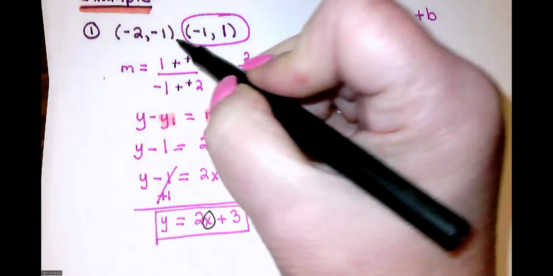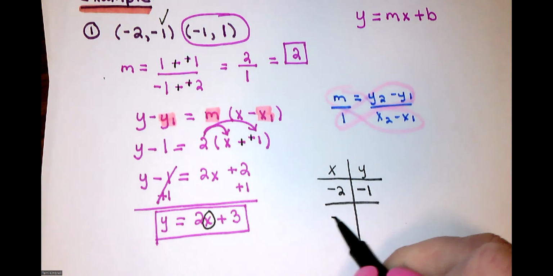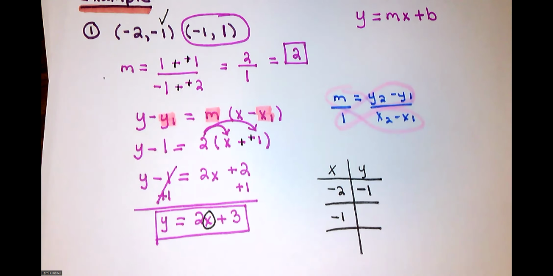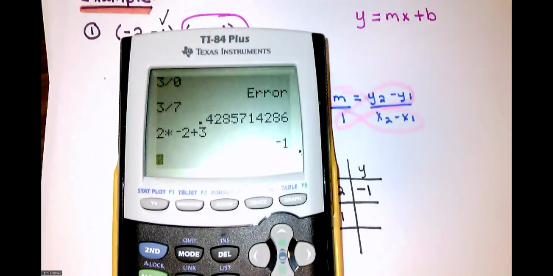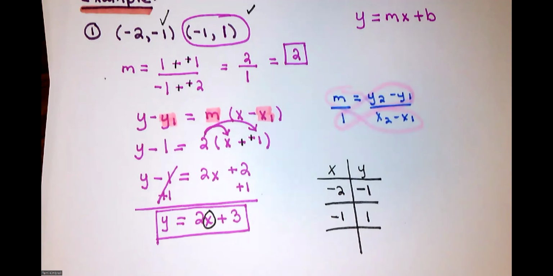So that ordered pair is correct. So we want to check the other ordered pair. We're going to put in a -1. So 2 times -1 plus 3, and that gives you 1. So this tells me that is correct.